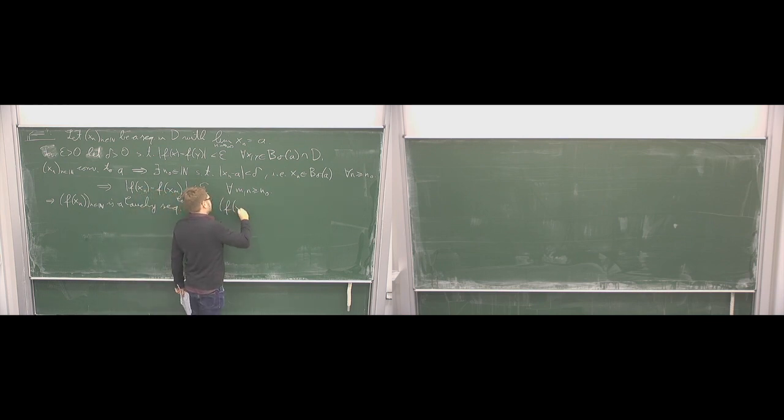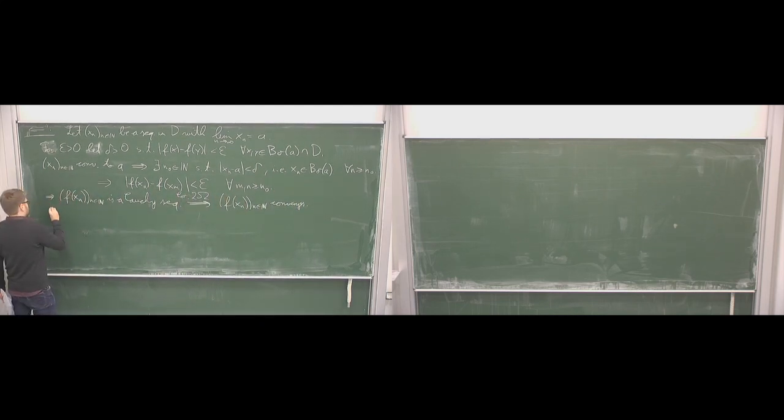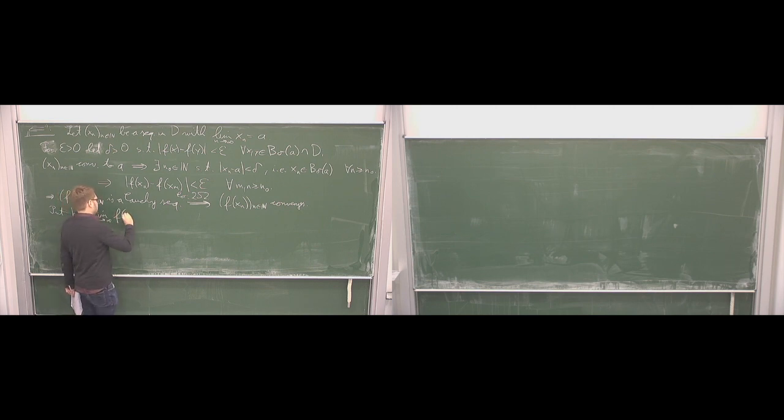It follows that f(xn), n in N, converges. Okay, so let's give this limit a name. Put b to be the limit as n goes to infinity of f(xn).